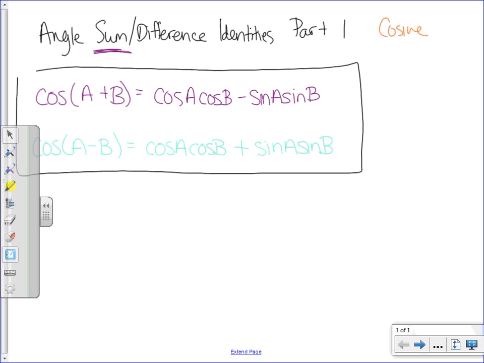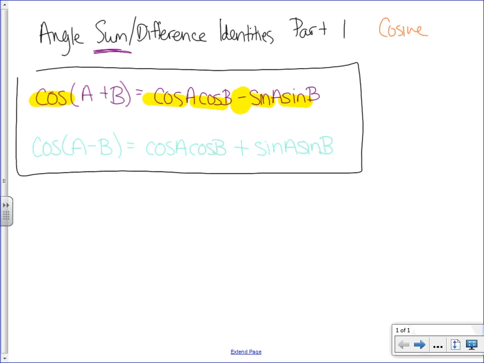Now here is my silly way for you to remember this, and you're going to remember it forever because I remember when my high school teacher did this to help me remember it. Since this is cosine, we're going to start with cosine. For cosine, it needs to go cosine, cosine, sine, sine, sine.